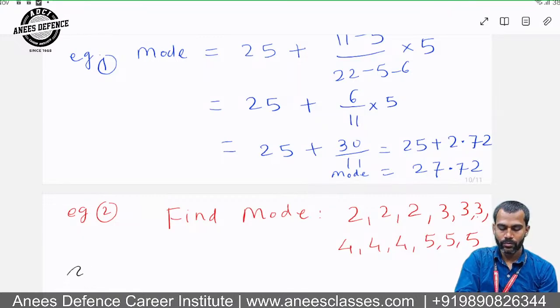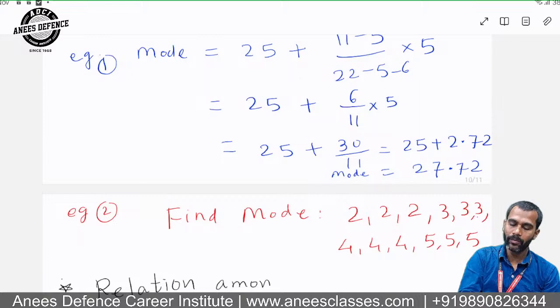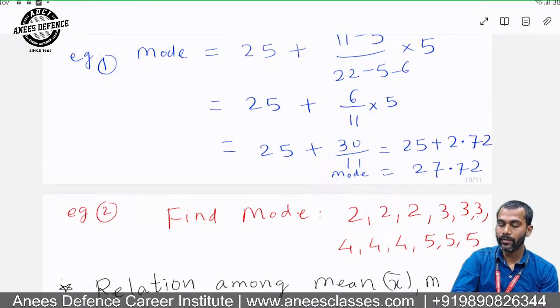Yes or no? So give the heading: relation among mean, median and mode. Mean means I'm talking about arithmetic mean.